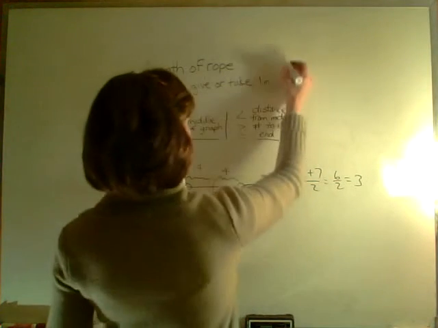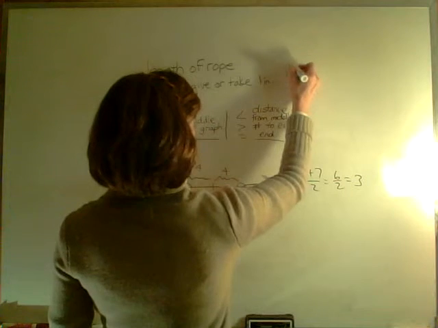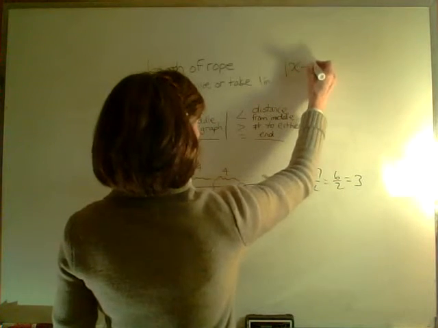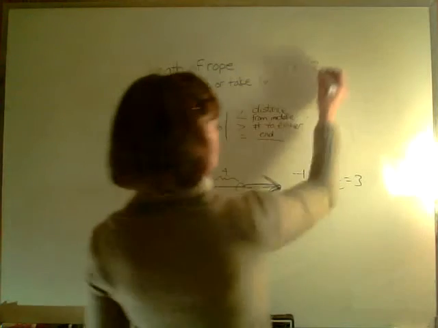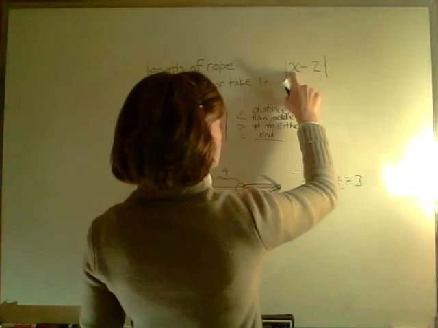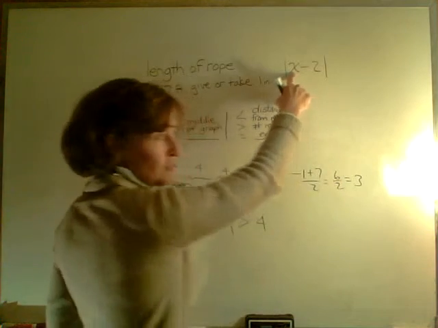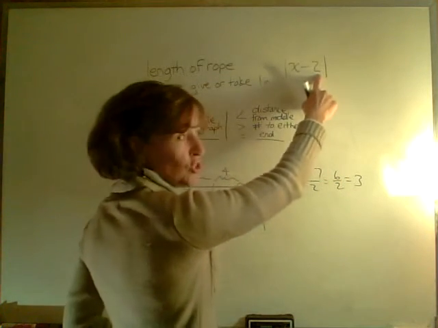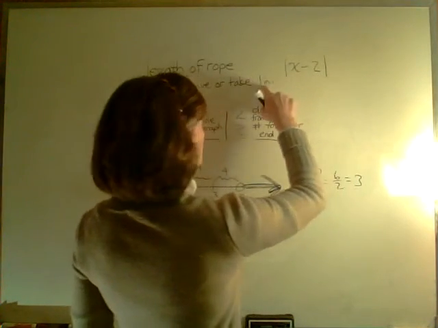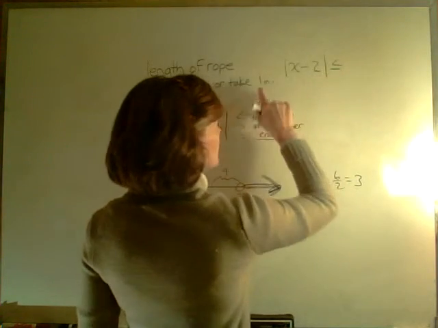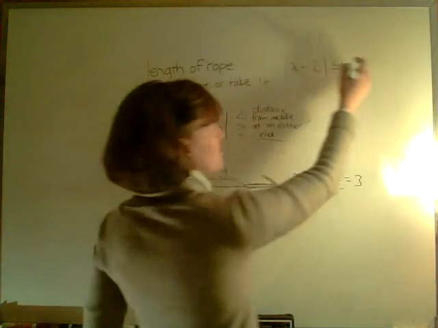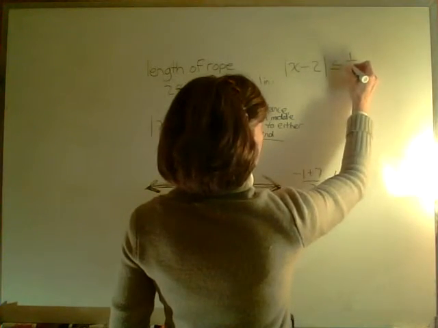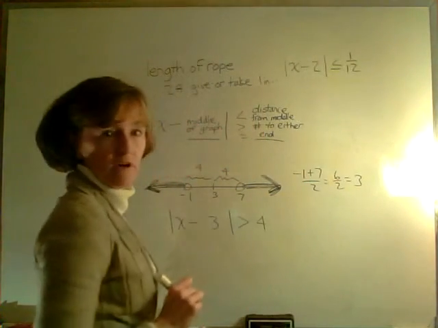Well, we would say the absolute value of x minus 2, 2 feet. So my rope length, the difference between my rope length and 2 can be no more than 1 inch. Now 1 inch is not the same units as 2 feet, so if I want to write it as feet, I would say 1/12.